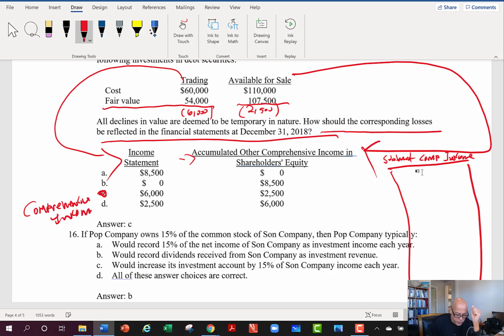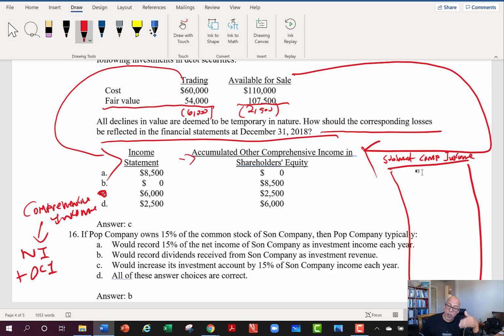By definition, comprehensive income is what? Net income plus OCI. I mean, only an accountant talks like this, guys. When you start talking like this, you have passed into the world of being an accountant, okay? So our comprehensive income is our net income plus our other comprehensive income, okay?